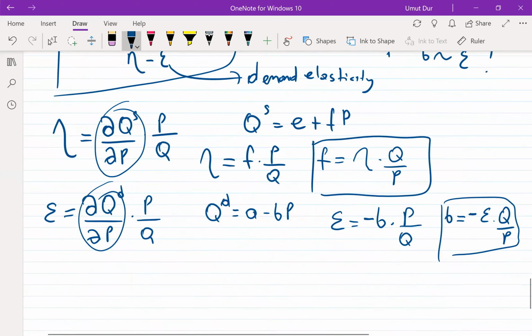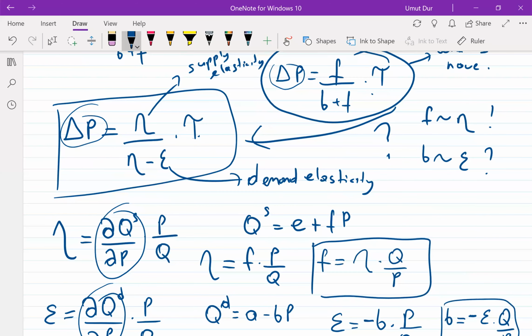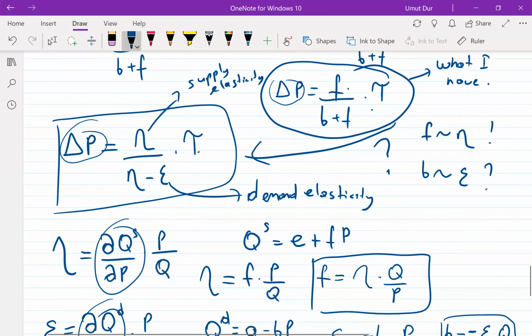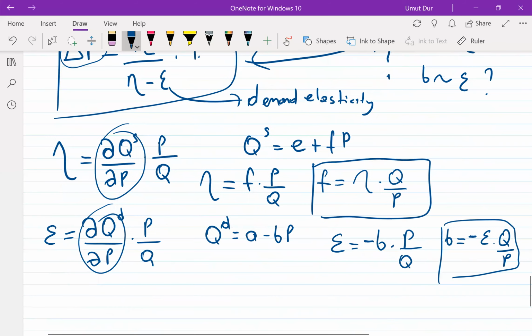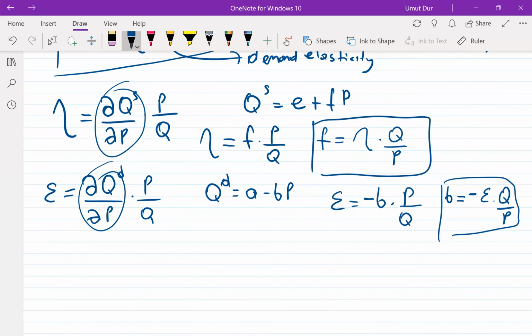Now I will plug this F and B into this formula. So we have found delta P is equal to F over B plus F times tau.